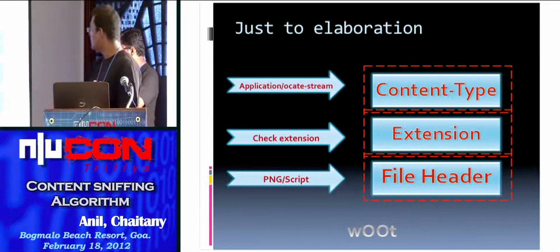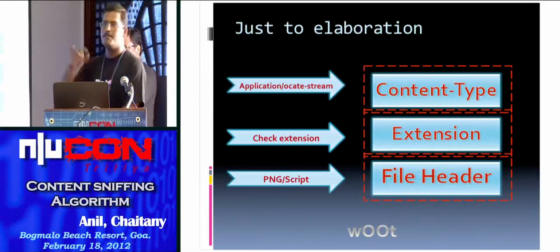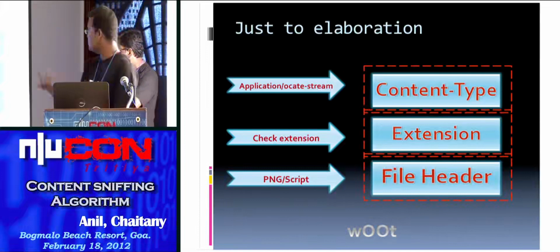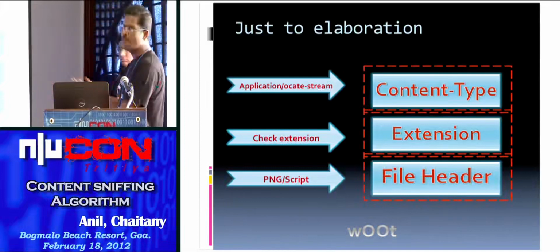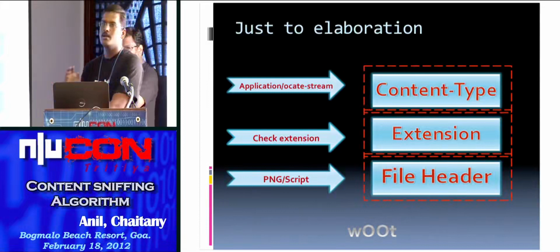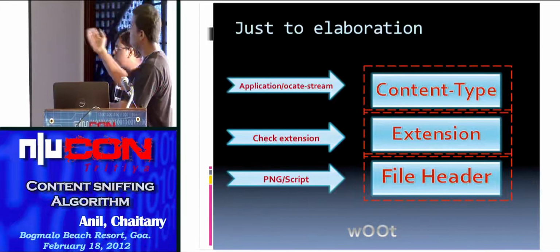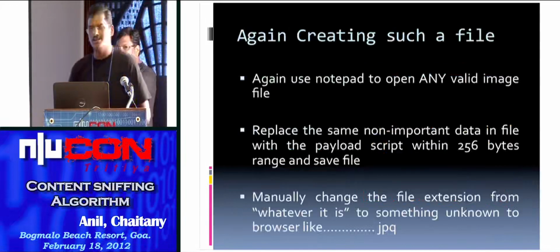It will try to check which kind of header is there. The image header. So there will be a PNG header, and then after a few bytes again there will be a normal JavaScript, or any script, and there we go. It will find a JavaScript. It will consider it as an HTML file and it will execute those HTML tags.